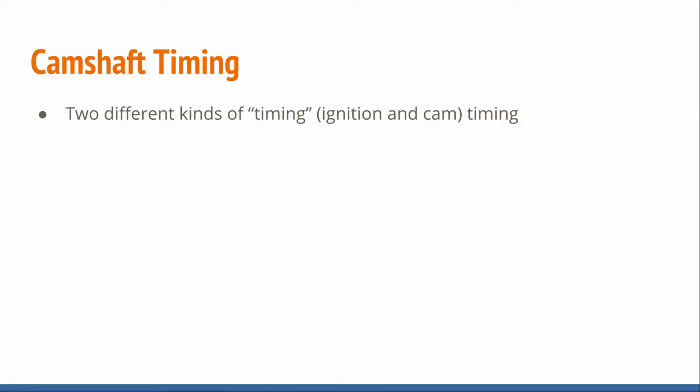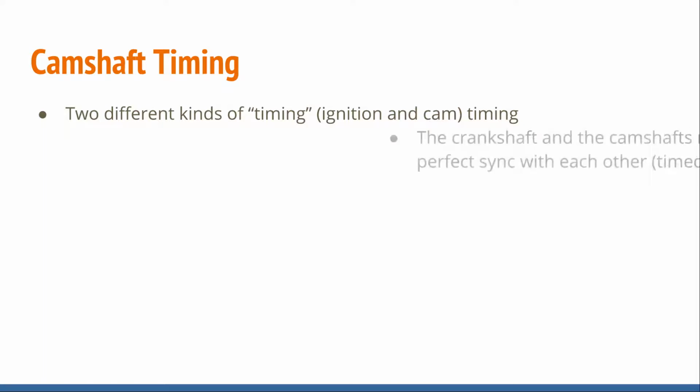Okay, so camshaft timing. Like I said earlier, there's going to be two different kinds of timing that we're going to refer to throughout this course and throughout your experience as an automotive technician. Ignition timing and cam timing, two totally separate things.